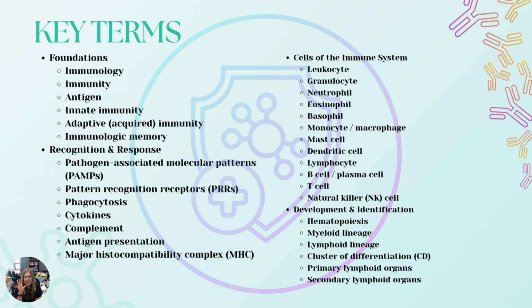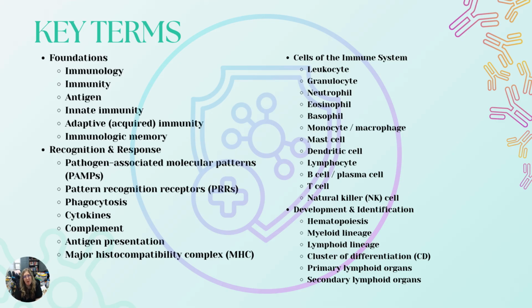Now, for these key terms, don't try to memorize this slide right now by any means. Think of this as your vocabulary map. Some of these terms will make complete sense today, whereas others will become more meaningful as we move through this unit as a whole. You'll notice that some terms describe systems like innate and adaptive immunity, and some describe cells like neutrophils and lymphocytes.